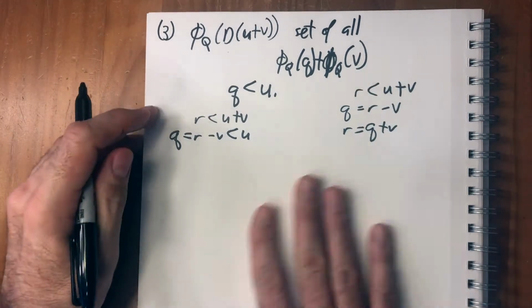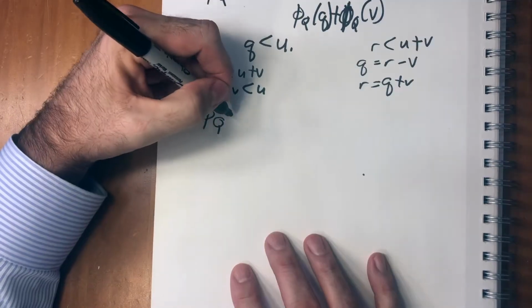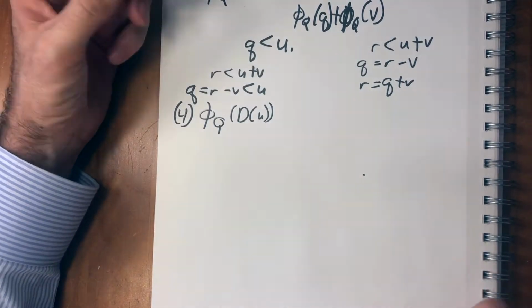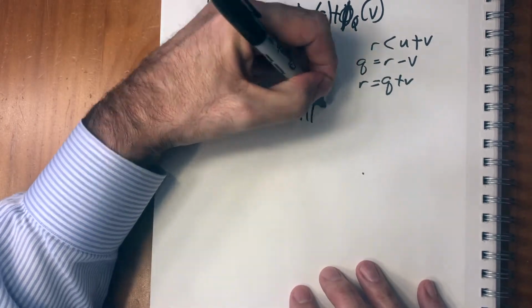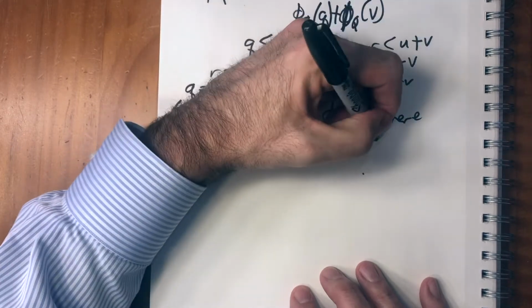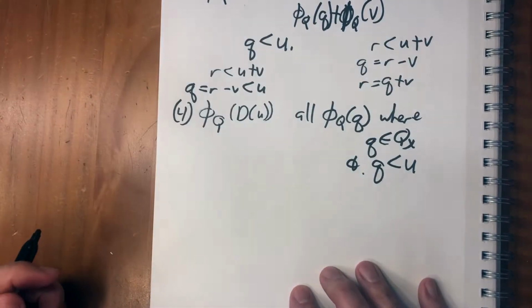So now we're getting somewhere, because note that this set, the set of phi q of the cut of u, is by definition the set of all phi q of q, where q is an element of the rationals and q is less than u, right?